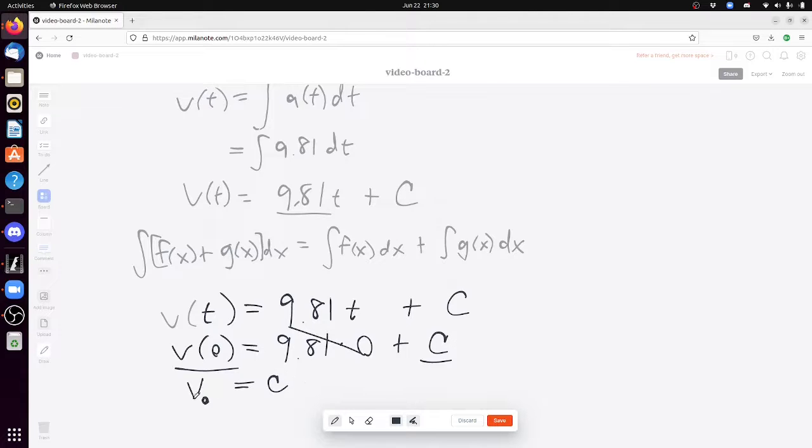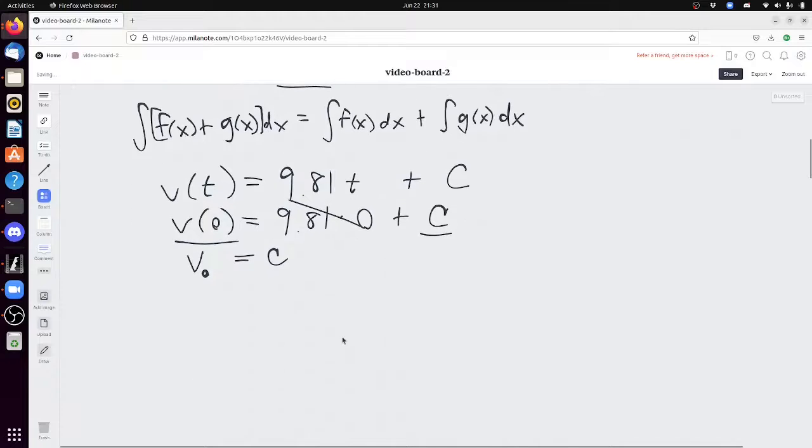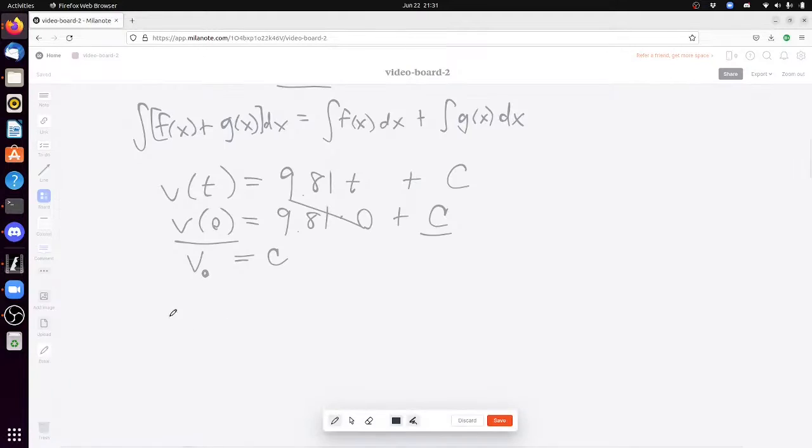So this arbitrary constant is actually v0. All right, let me add that. So our new formulation is that the indefinite integral, I should say, not the derivative of our acceleration function, is going to be 9.81 times t plus our initial velocity.